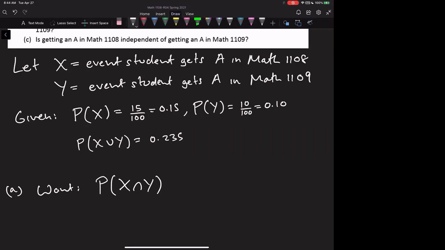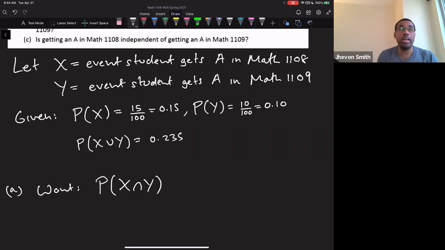The inclusion and exclusion principle. Well, yes, we use the inclusion exclusion principle to prove the thing that we use to find it. So you're on the right track, but you're not quite there yet.